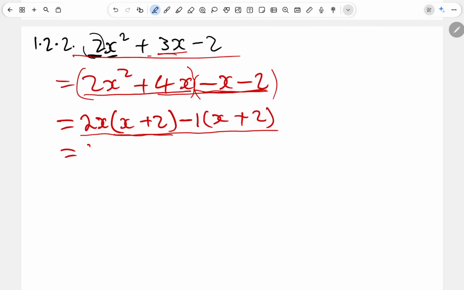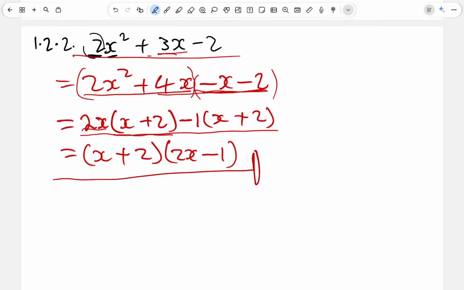Now we take out x plus 2. Then we will be left with 2x, and here we will be left with minus 1. This is our final answer.